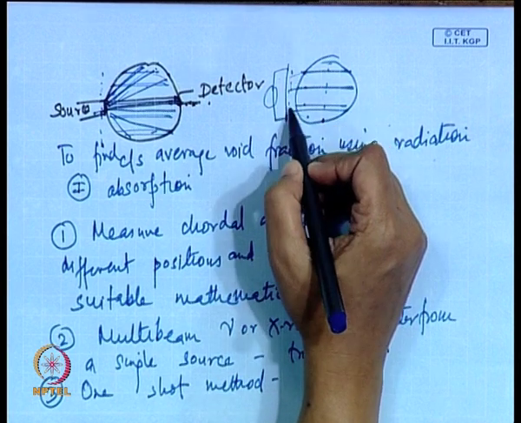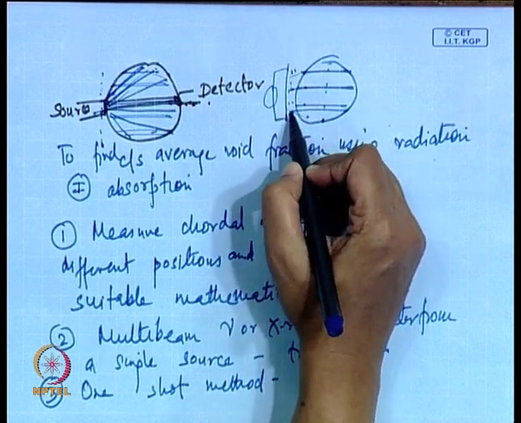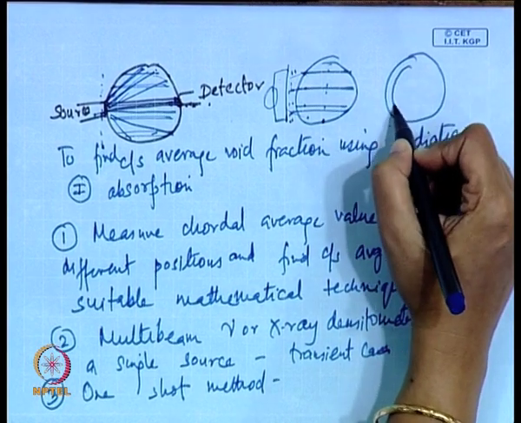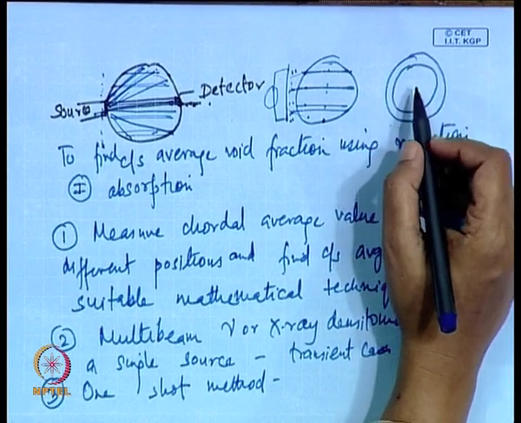The other is known as the one shot technique, where we have a very broad source, of almost the same dimension as the channel, using special collimators, because whenever we use one particular source there is a tendency of diverging. So, we have to use special collimators such that each ray is parallel, and we also have to keep in mind that, suppose this is the channel.